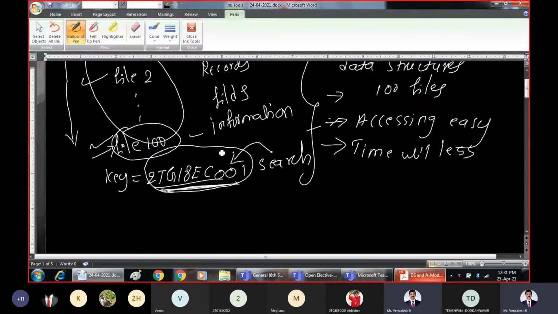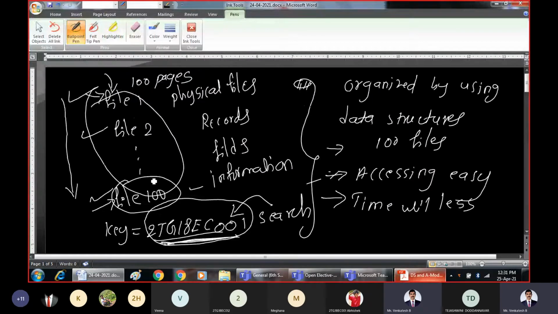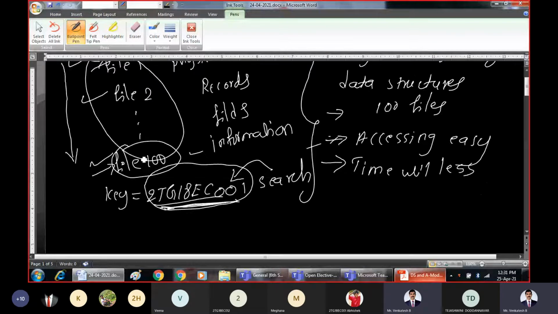And why do we need the data structure? We need the data structure for efficient organization of the data. Because after this, if this is information for 1 year, and similarly our college started in 1997. So these many years, nearly 25 years, the 25th year is running now.